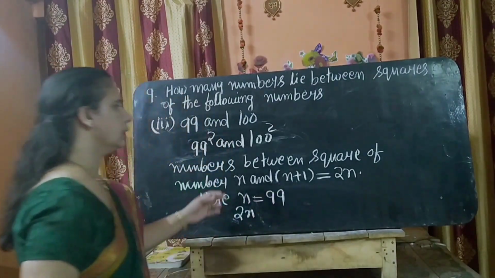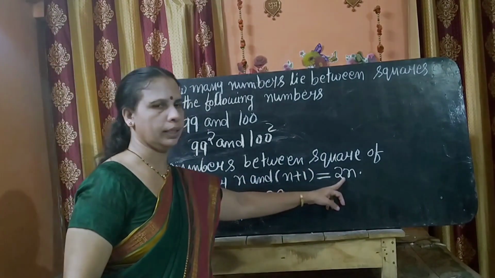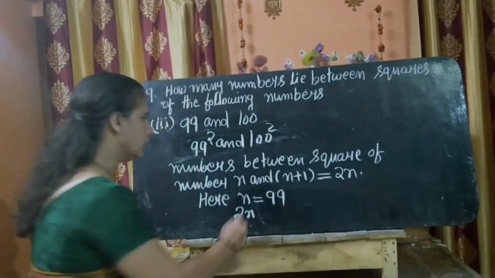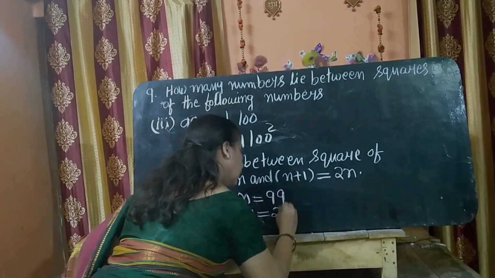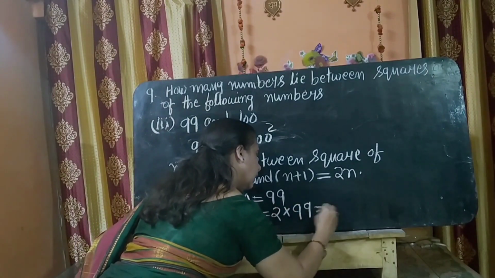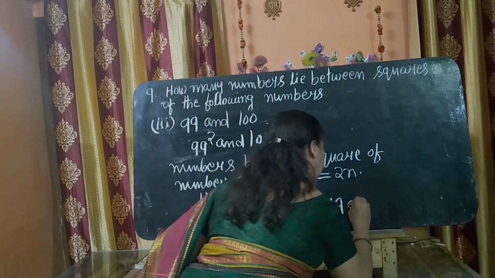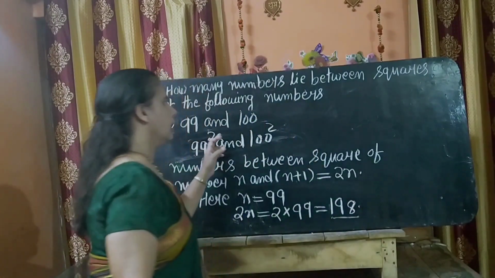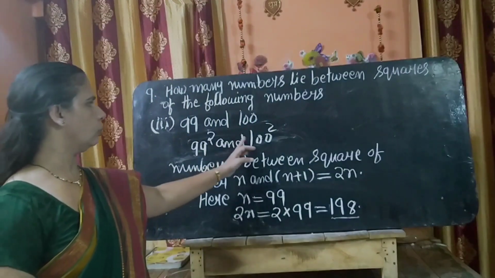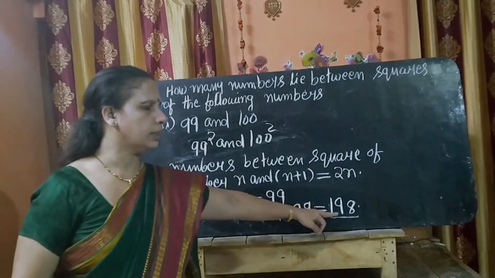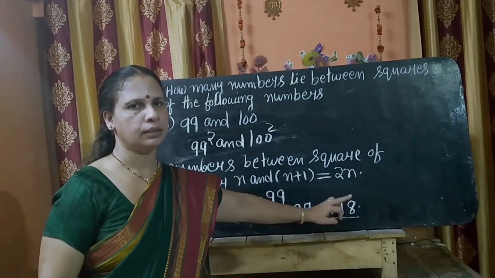Our method is to find 2n. 2n equals 2 into 99, that is equal to 198. In between the squares of these two numbers, there are 198 numbers.